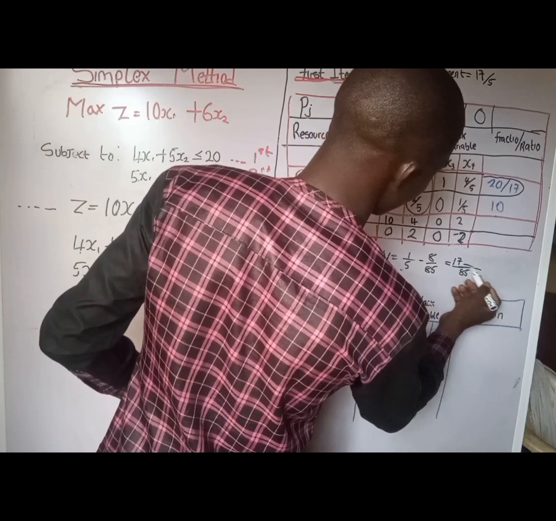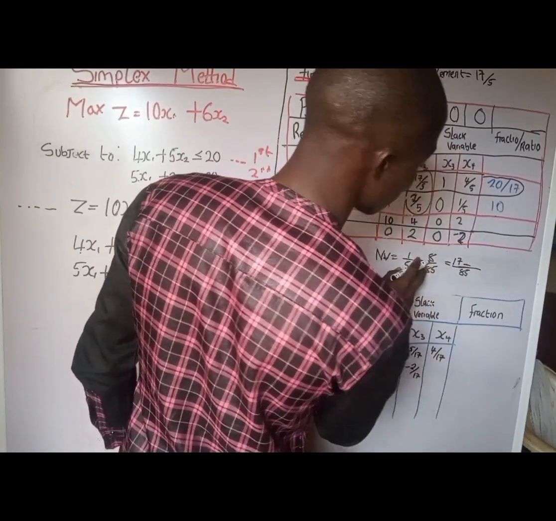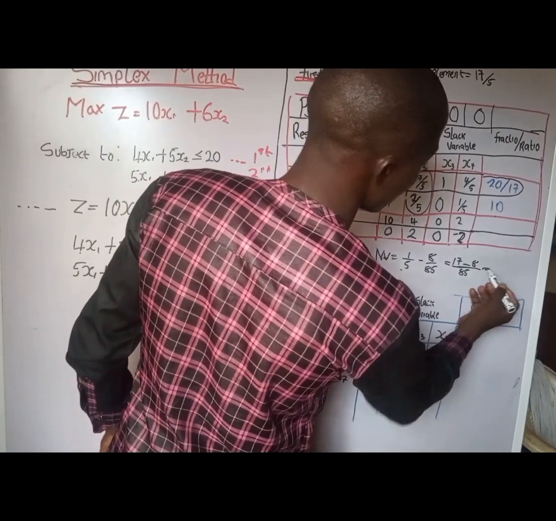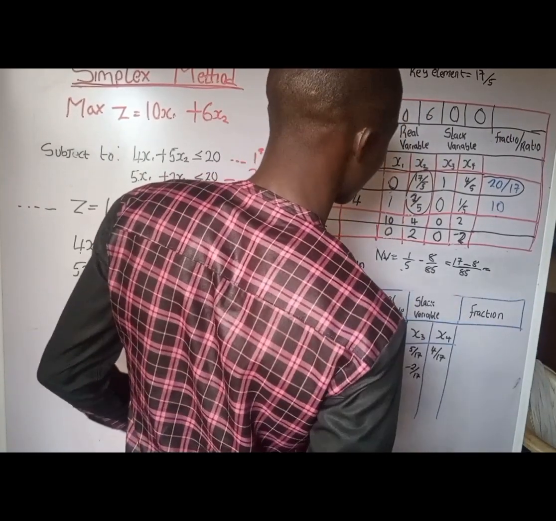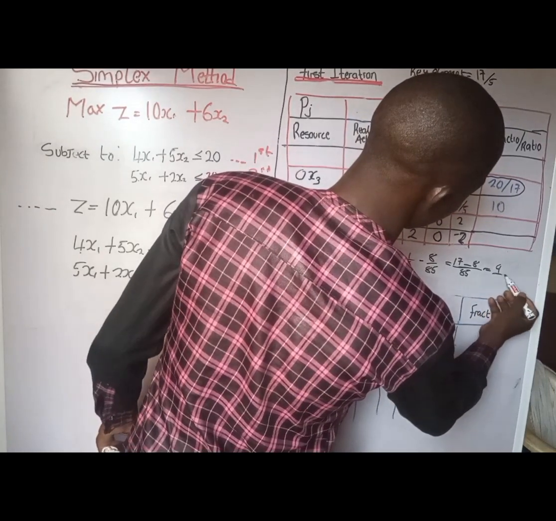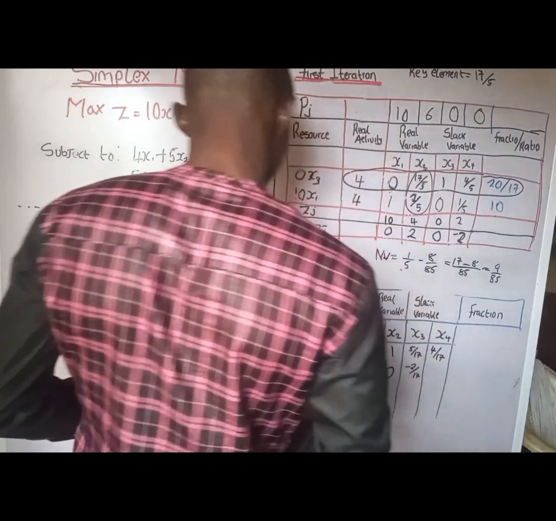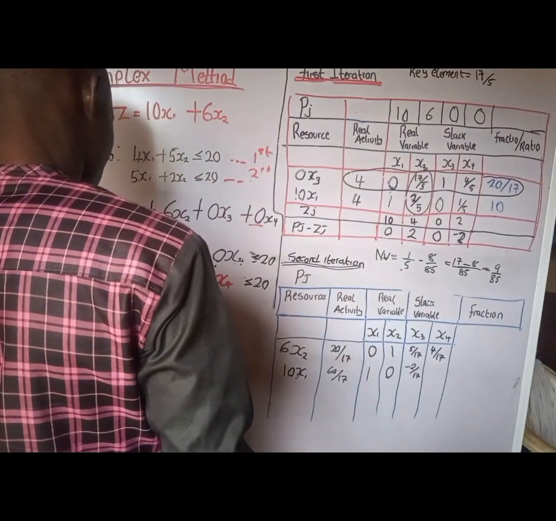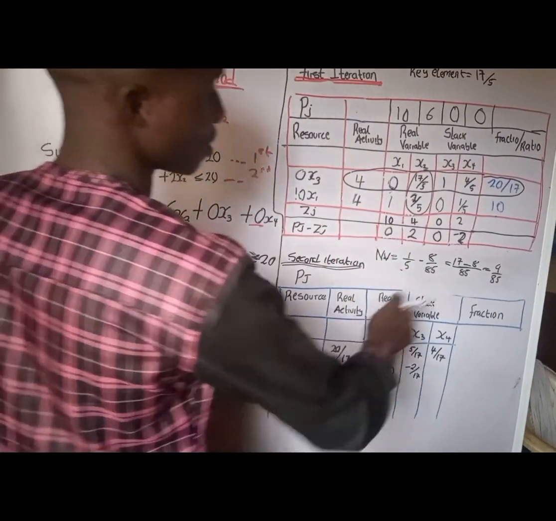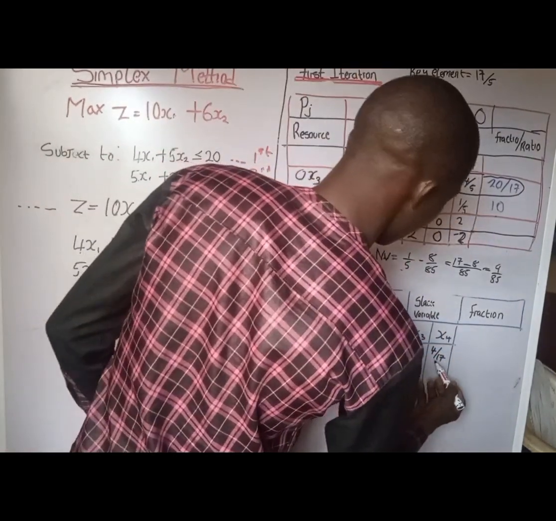This subtraction sign will be here. 85 divided by 85 is 1. 1 multiplied by 8 will give me 8. So I'm going to be having 17 minus 8. That is 9. So at the end of the day, I'm going to be having 9/85. The new value of x4, which was 1/5, is now 9/85.